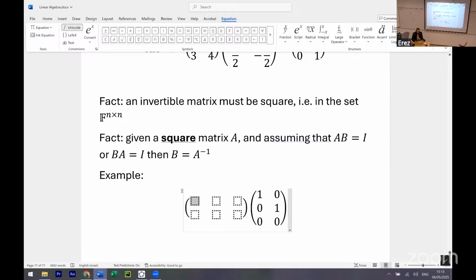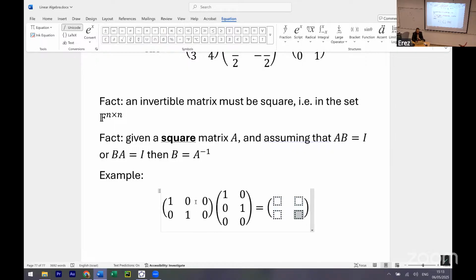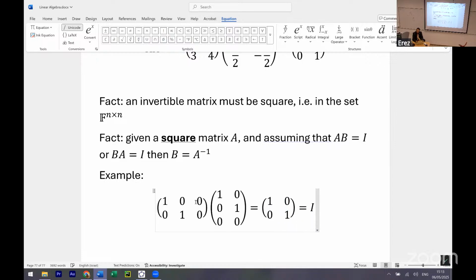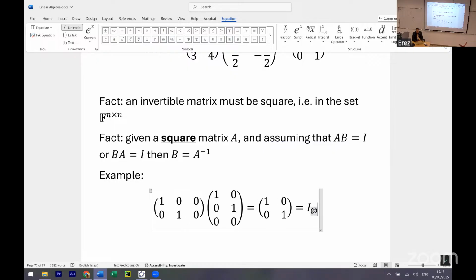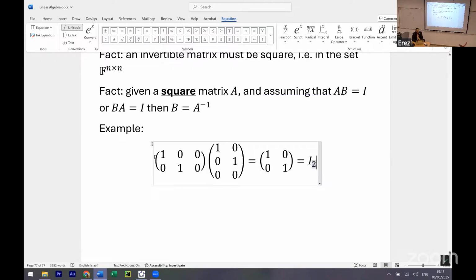And this matrix will be 0, 1, 1, 0, 1, 0. And the product you can do yourself. I just tell you the answer is 1, 0, 0, 1, or in its other name, I2. Agreed? Let's multiply them and invert the order.